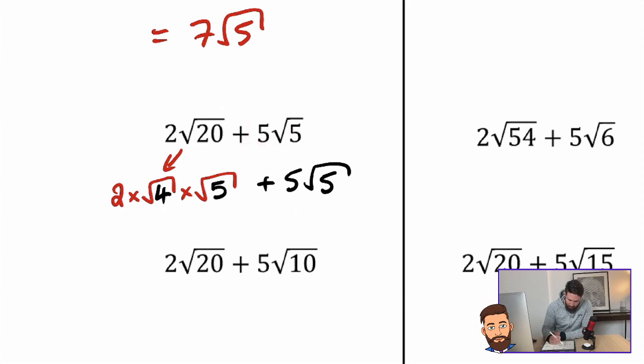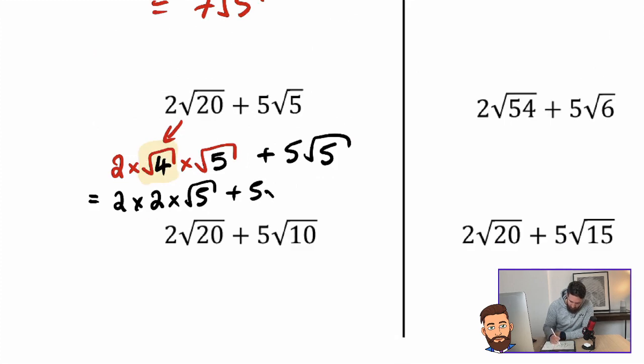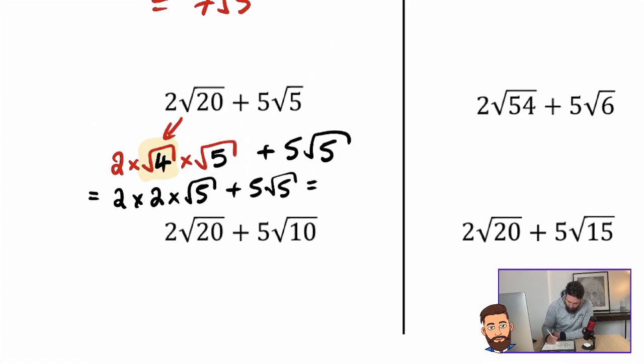And as you can see, hopefully you've spotted there, oh, root 5. Looks like we're on track. Let's tidy up this bit here, given what we learnt last lesson. What is root 4? Well, what does that give us? 2 times 2 is 4. So we've got 4 root 5 plus 5 root 5.